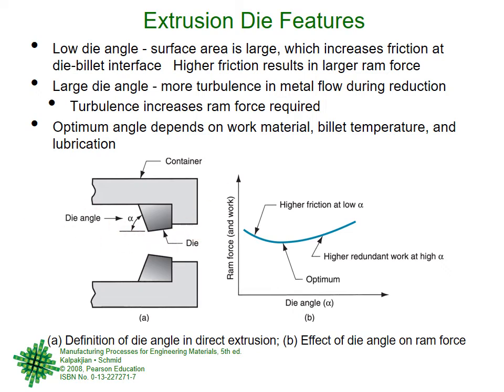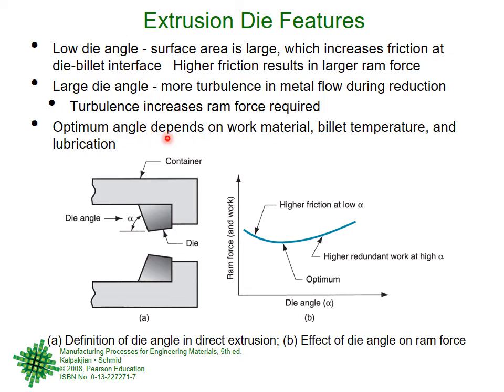So if the die angle is large, then there will be more turbulence in the metal flow. And because of this turbulence, there will be more ram force, right? So with low die angle, force will be high because of friction. Large die angle, force will be high because of turbulence. So in between there should be some optimum.